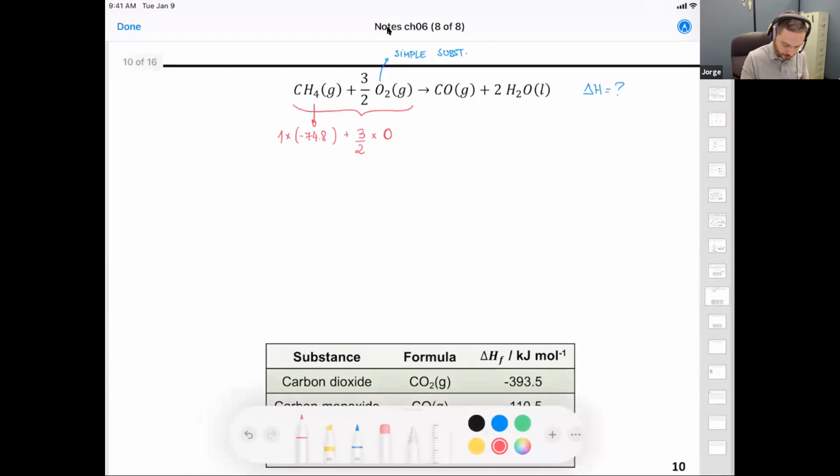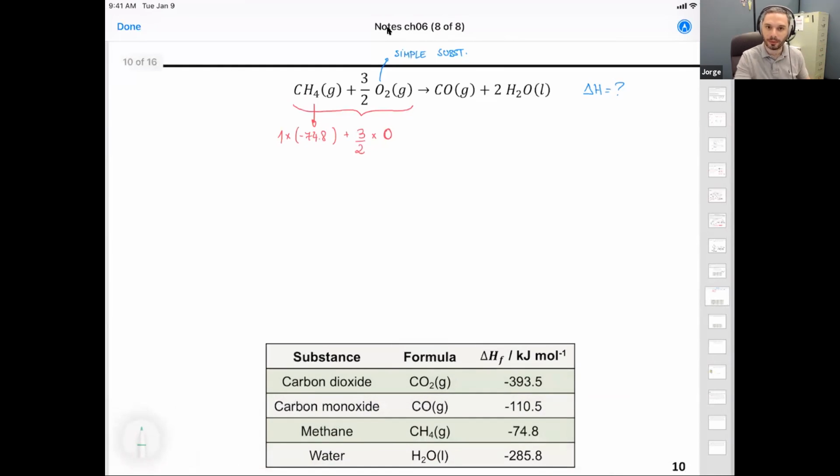We are going to do the same thing on the product side. We are going to determine the energy level of the products from the delta H of formation. Starting with carbon monoxide, 1 mole of carbon monoxide. Each carbon monoxide carries an energy of minus 110.5.